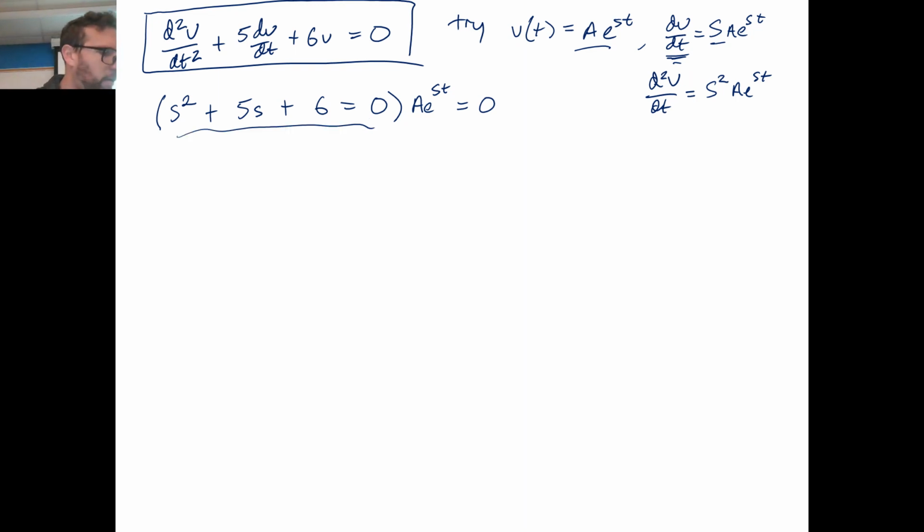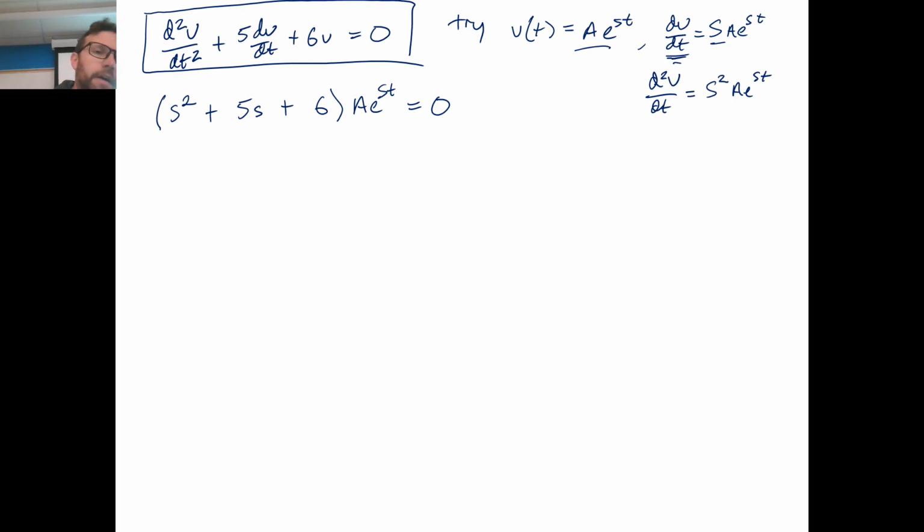And you know what? I'm sorry, I wrote this wrong. There should not be an equal 0 in there. The equal 0 is on the outside. Here's an A e to the st, and that all equals 0. So clearly, this polynomial in s has to equal 0 if this equation is to be true.